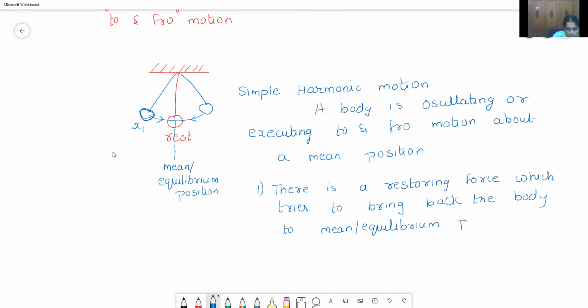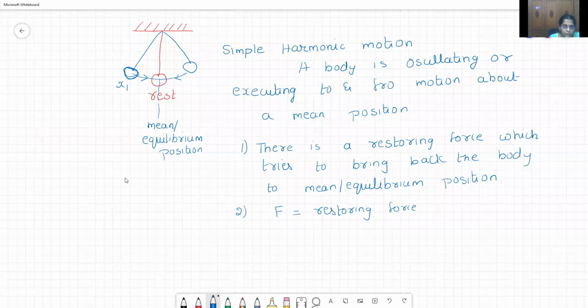Let me represent this restoring force by the symbol F. So F is going to be the restoring force. Now I would like to say two things about this restoring force.